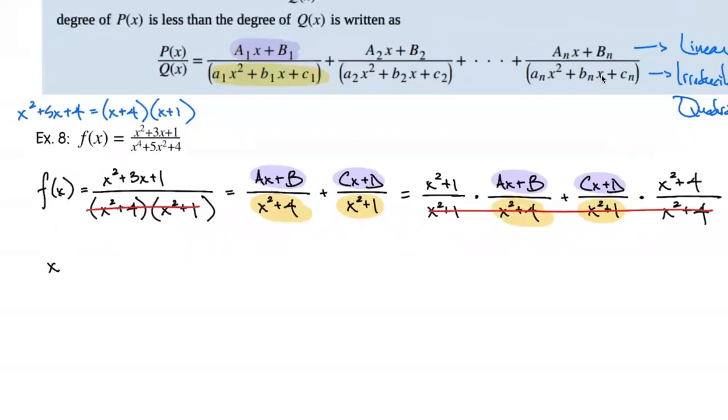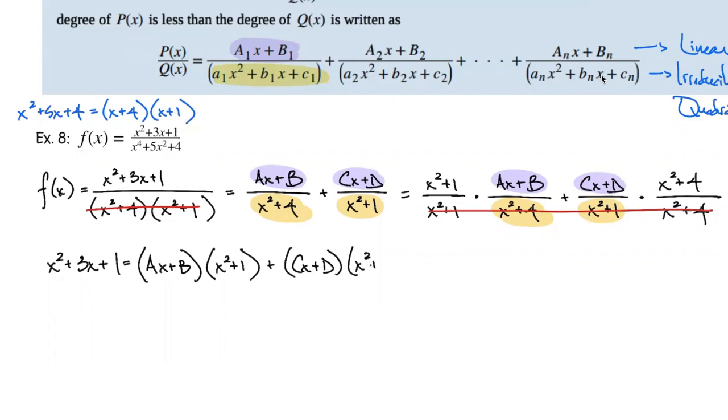And we'll get x squared plus 3x plus 1 equals, I'm going to be really careful about putting in parentheses right now, ax plus b times x squared plus 1 plus cx plus d times x squared plus 4. Okay.